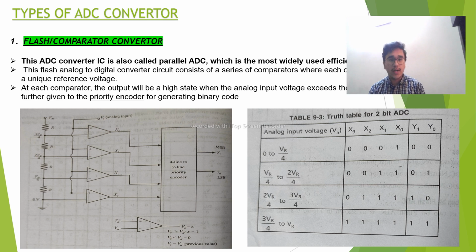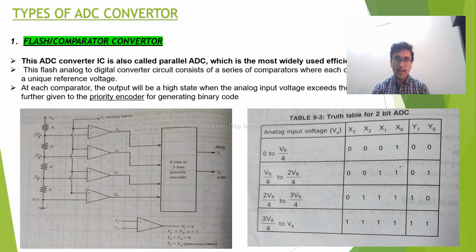The output of the comparator is given to the priority encoder, from which it is converted to a digital signal. Here this is a 2-bit ADC, where 2 to the power of 2 is 4. As you can see in the V reference, where we have the resistors, we have 0, V by 4, 2V by 4.